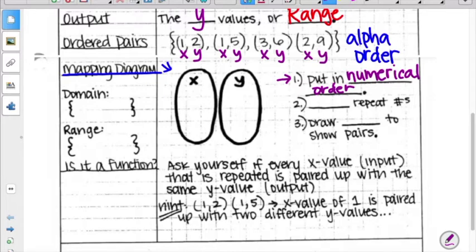Step number 2 is we don't repeat any numbers. And step number 3 is we draw lines to show the ordered pairs. Draw lines to show the pairs.